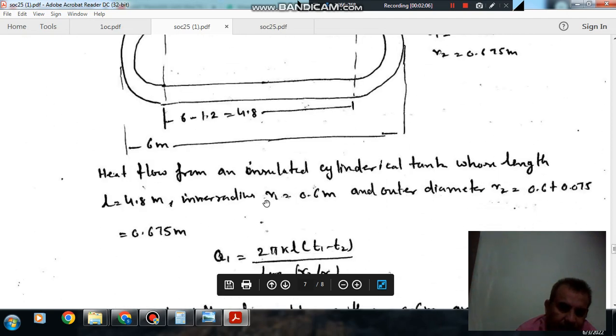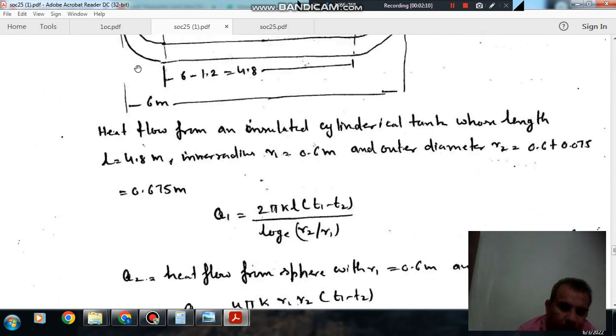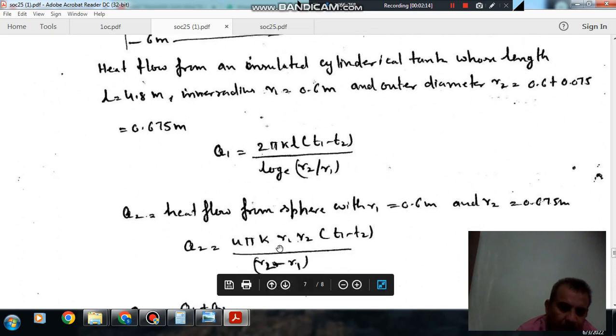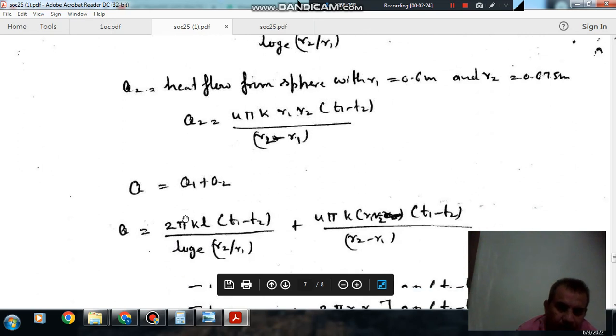and K is the conductivity of the insulation. Similarly, for the spherical portion the heat transfer is given by 4 pi k R1 R2 (T1 minus T2) divided by R2 minus R1. The summation of these two gives the heat.